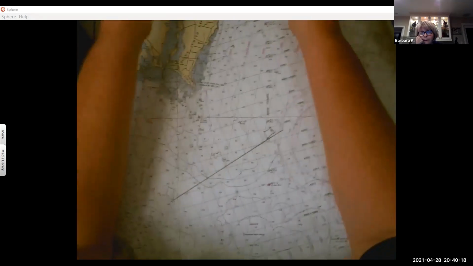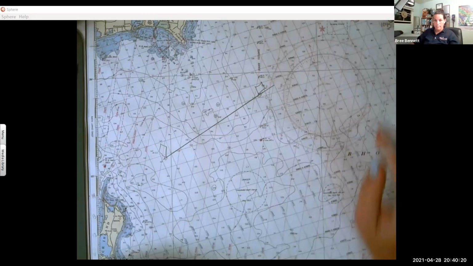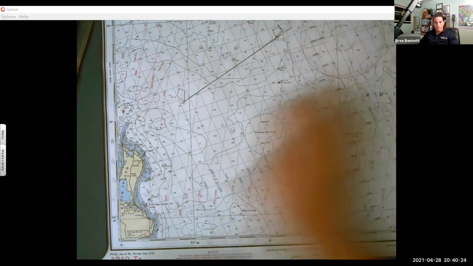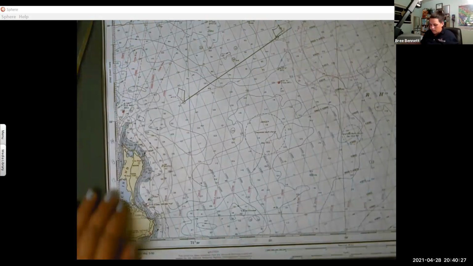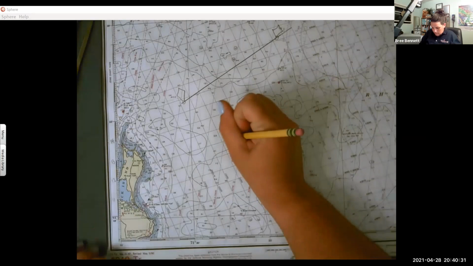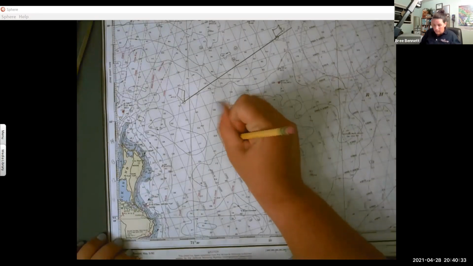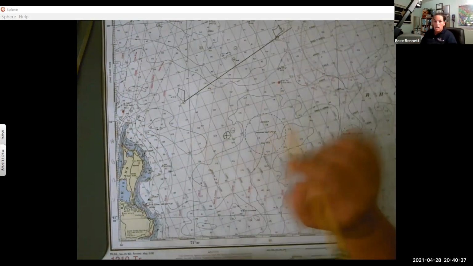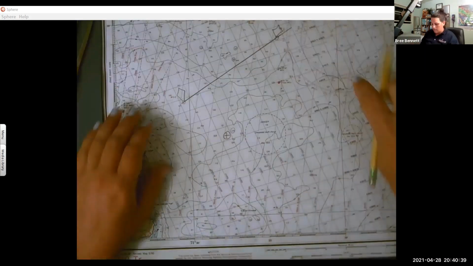Okay, so I'm going to get down a little bit so we can see both sides of the chart here. I'm making a position. So for latitude and longitude, you can see the camera, but that's okay.